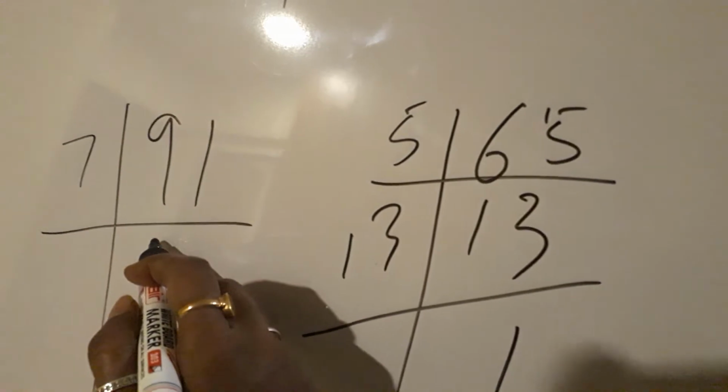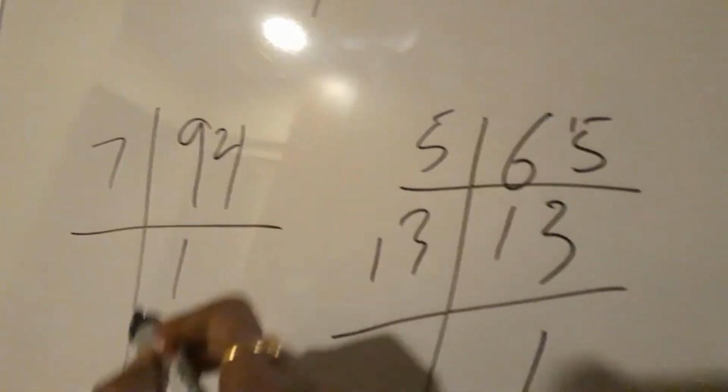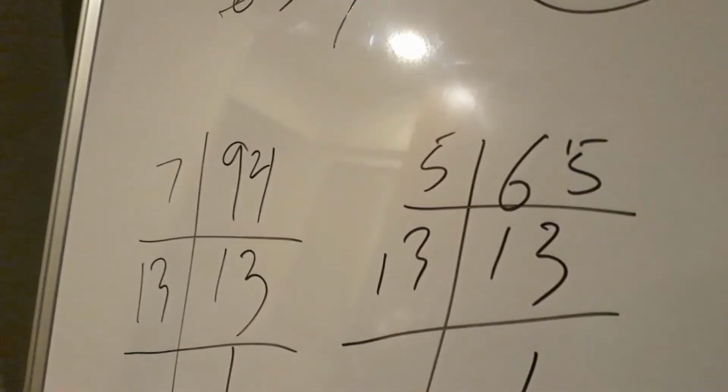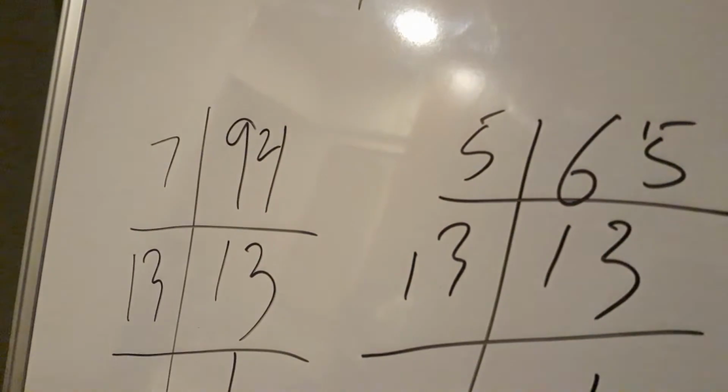7 ones are 7. 2 carried here, 7 threes are 21. So 13 ones are 13. Okay. 7 into 13 gives me 91. So here I will be using my table. 13 fives are, 13 sevens are.